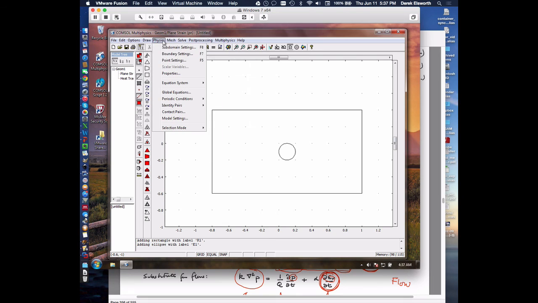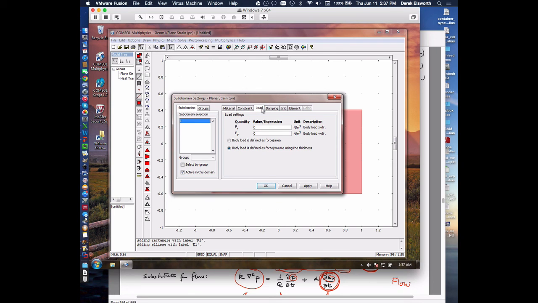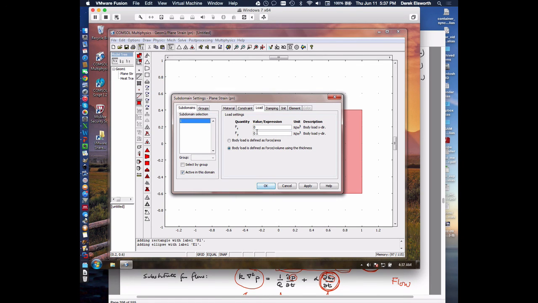Multiphysics, plane strain, subdomain, domain, loads. We want some term that looks like alpha dp/dx. We need something that goes in here. I don't know if, can you see that? Can I type this on?